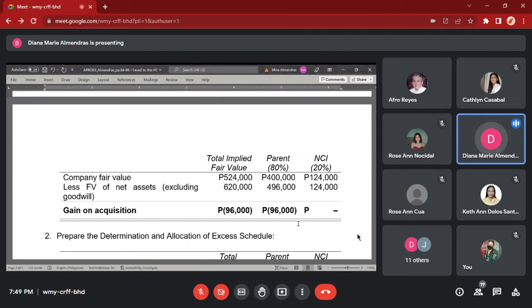Less fair value of net assets excluding goodwill of parent is 496,000 while for NCI is 124,000. Gain on acquisition of parent is negative 96,000. Walang gain on acquisition ng NCI dahil lang sabi kanina ang controlling interest lang daw ang magre-recognize ng gain. Kaya yung 96,000 is only allocated to parent company.